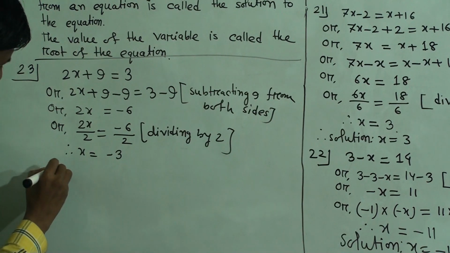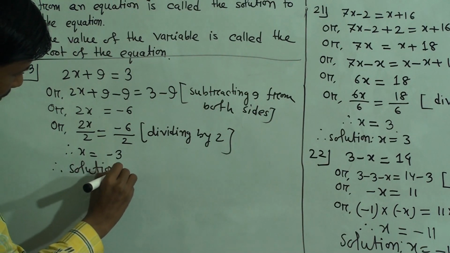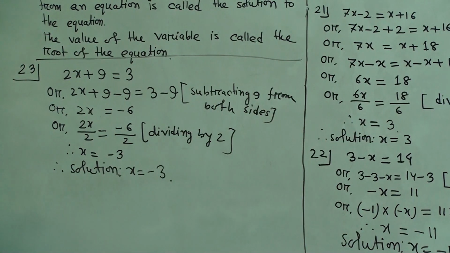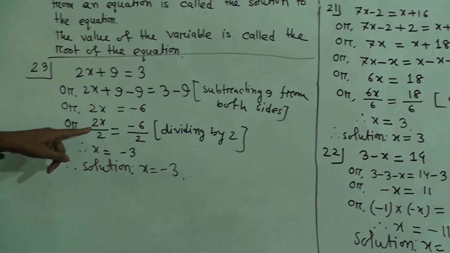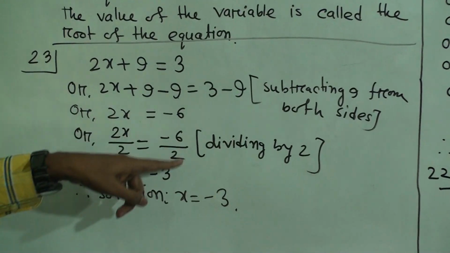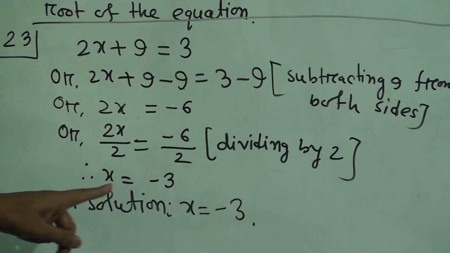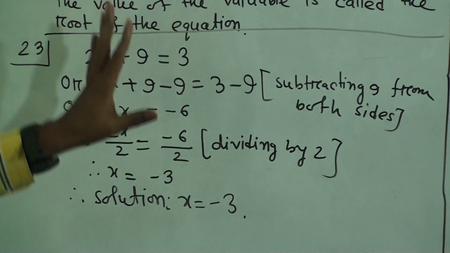Minus 3. Therefore the solution x equal to what? Minus 3. Okay student, look, 2x equal to minus 6, we divide both sides by 2 and 2 vanish, then if you divide 6 by 2, then you get 3, then x equal to what? Minus 3. Okay student, I hope you understood.